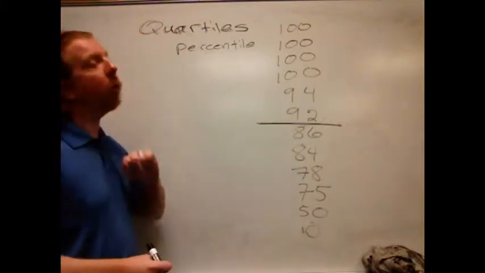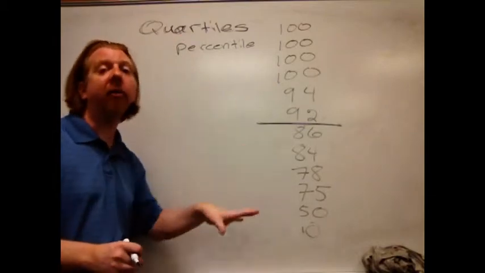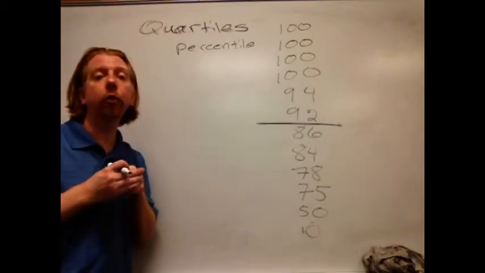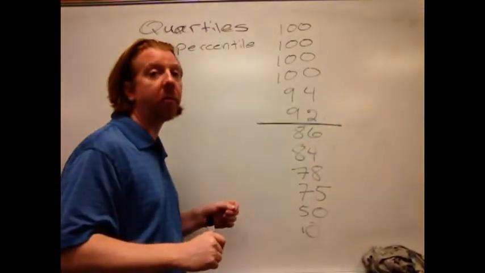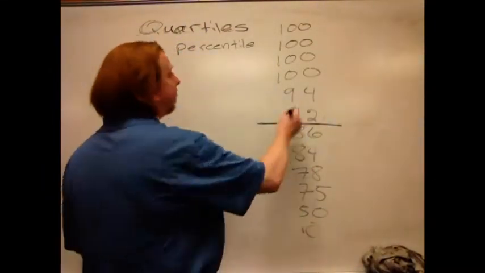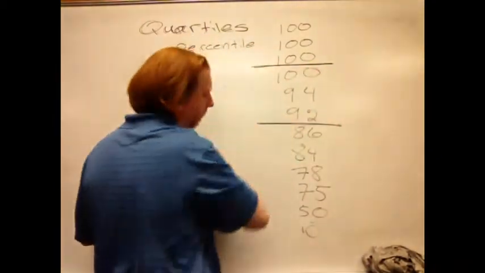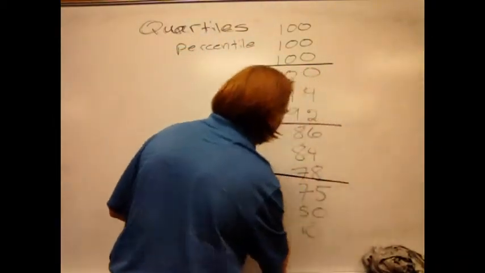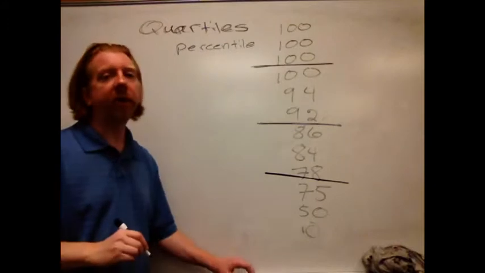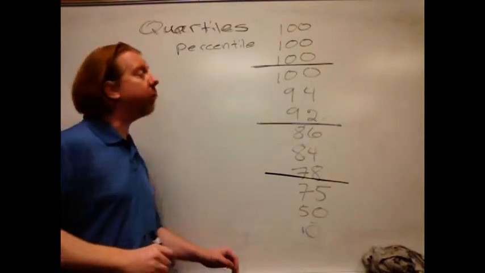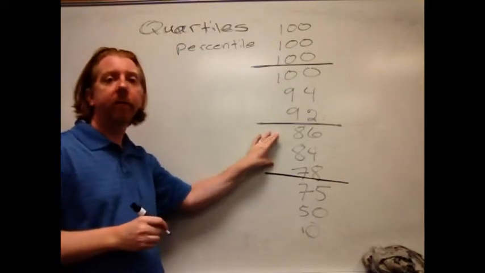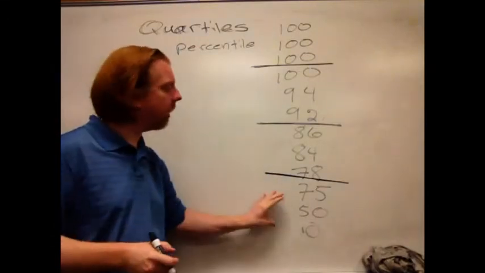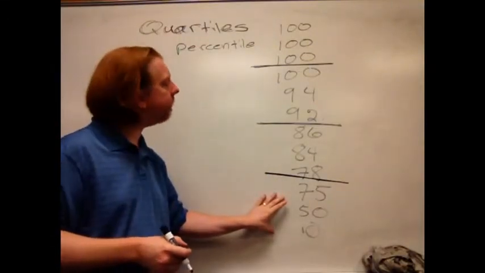Now, when I talk about quartiles, I'm taking my collection of data and breaking it into quarters. So for example, there's the 50th percentile mark in the middle where my median would be. And that would then further break this into quarters. So I have the top quartile, the middle quartile, the top of the bottom quartile, and then the bottom quartile.